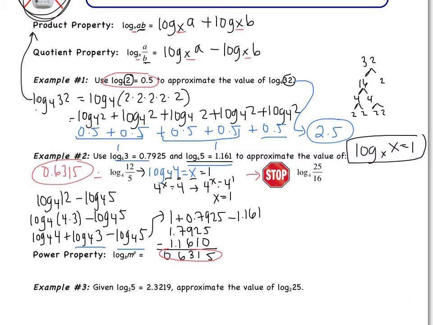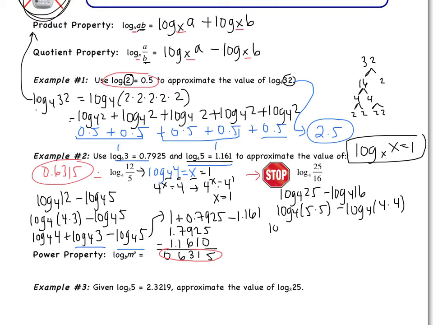Okay, let's see how we did. Using the quotient property, this becomes log base 4 of 25, subtract log base 4 of 16. Now I don't have either of those, so I'm going to have to break down 25 and 16. Now 25 is 5 times 5. 16 is 4 times 4.